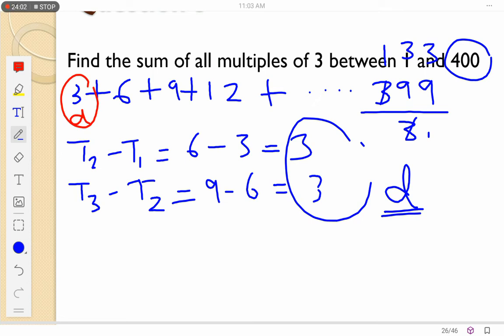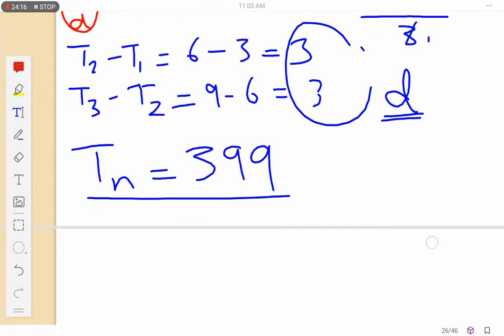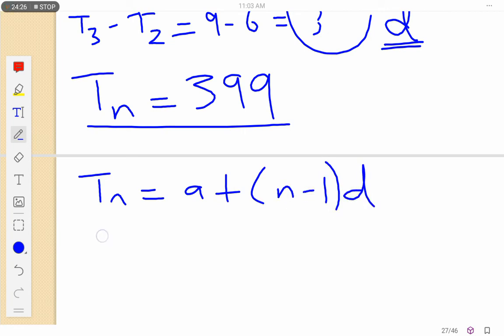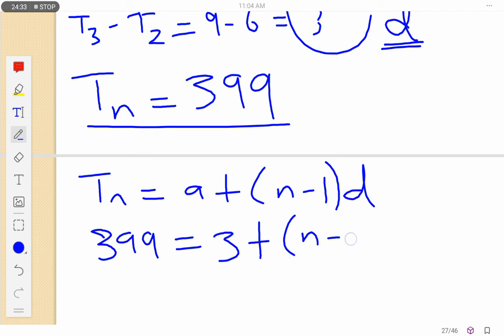Okay. Now we want to know N, the number of terms in this one. We can say Tn is the nth term, is equal to 399. So you can now find the number of terms that we have in this series using Tn is equal to A plus N minus 1 by D. Our nth term 399 is equal to A, which is 3, plus N minus 1 by our common difference, which we said is 3 again.